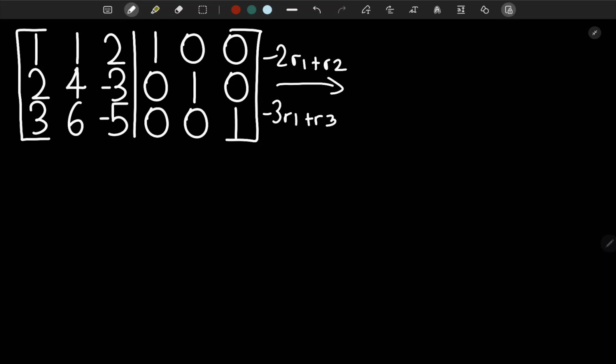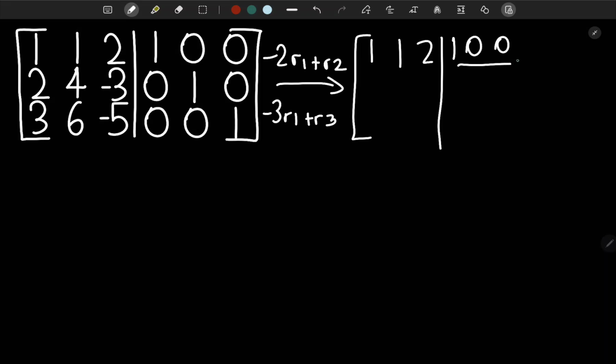So now let's just do normal addition and subtraction. The first row will stay the same, 1 1 2. Let me actually write it bigger. The second row will be, and yes, the identity, I forgot about that, 0 0. It didn't change anything here.